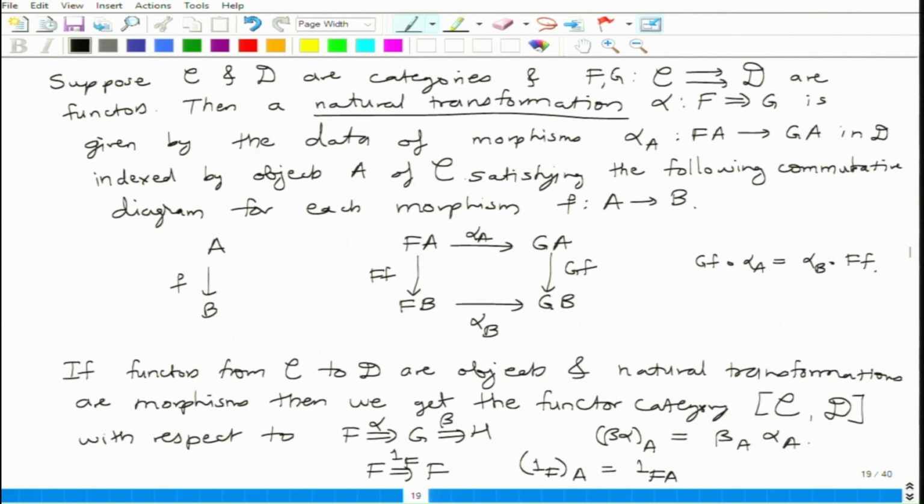Now don't say 1 sub A. 1 sub A is a morphism in category C. We want a morphism in category D. Okay. So this is the data, and here I have defined the functor category. I told you how to write domain and codomain. I told you how to take composition and identity. So this is the functor category. Okay. Any questions?